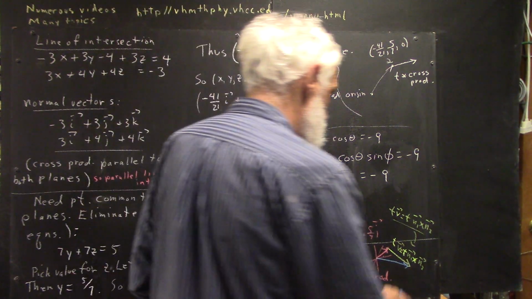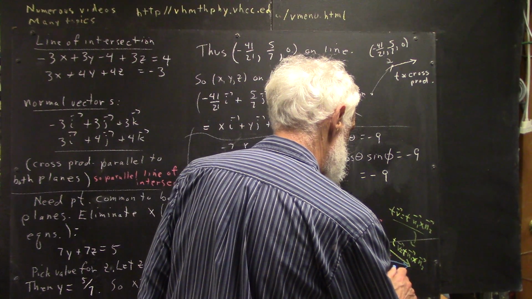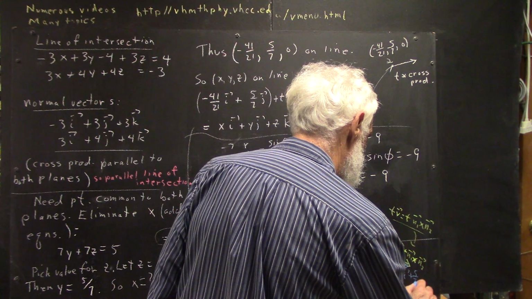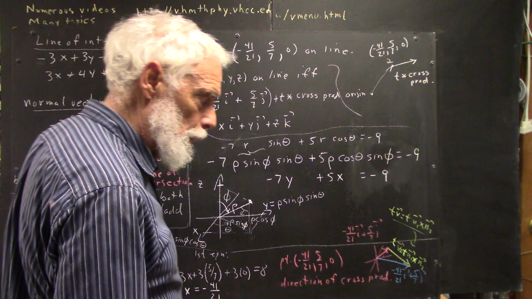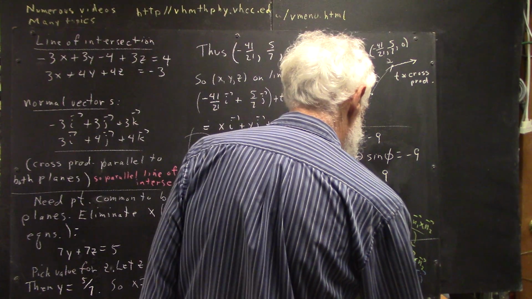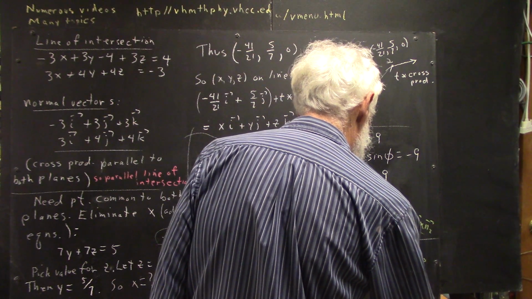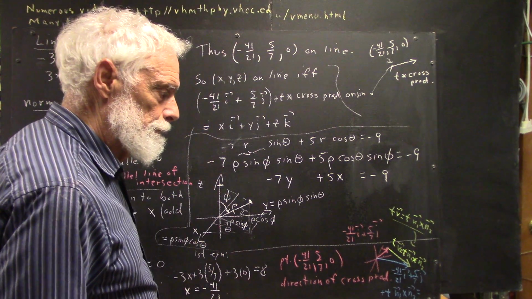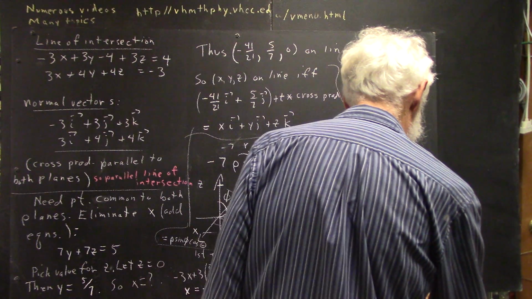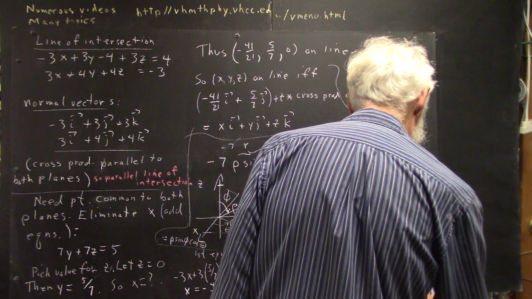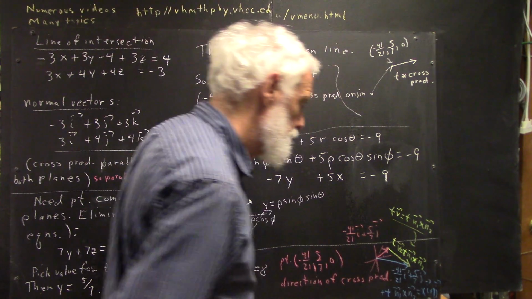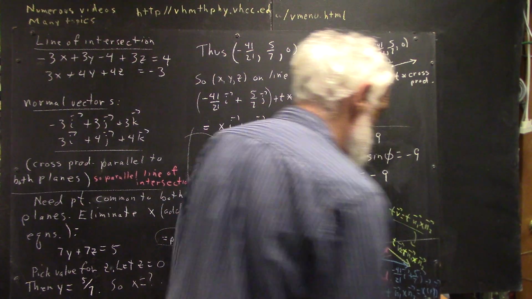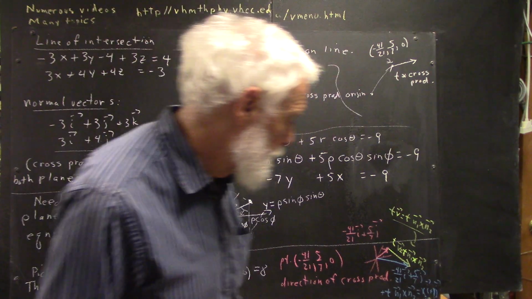So now we have negative 41 over 21 i plus 5/7 j plus t times n1 cross n2, whatever that is, and that equals xi plus yj, probably plus a zk. zk is written there, but you can't see it. You probably can't read the yj either. I can't.